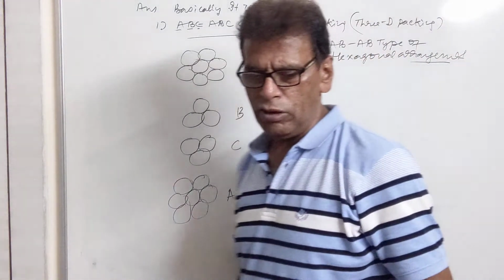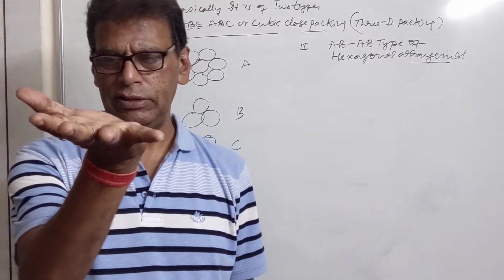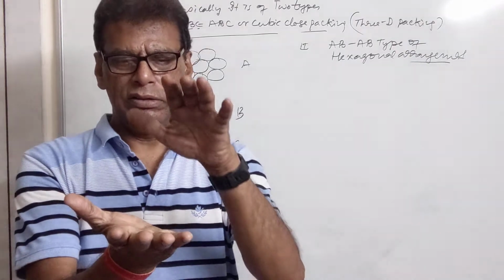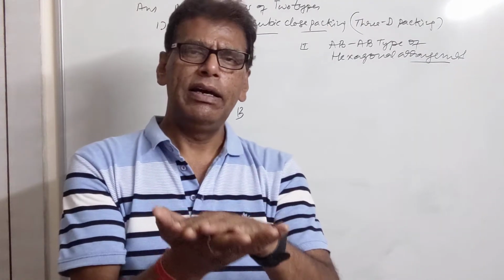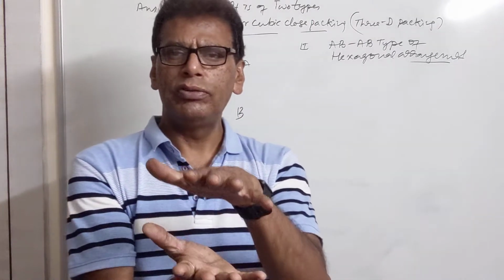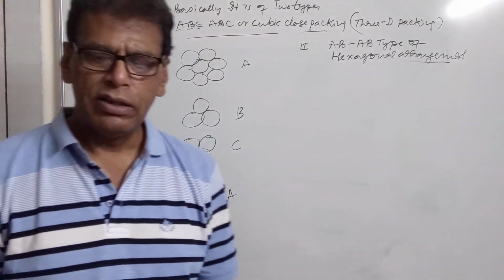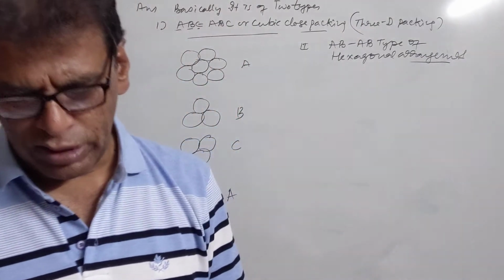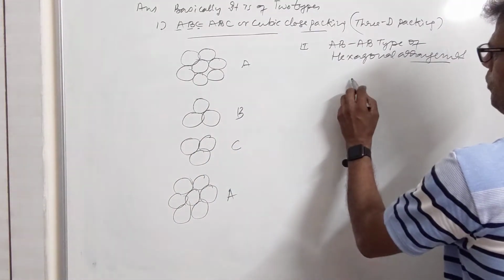Hexagonal में first layer of sphere is placed, the first layer is first of all made, and then second layer is placed on the voids of the first layer, and then third layer when placed on the voids of first layer, they exactly cover the first layer. Therefore this type of packing is called as AB type of packing, and we'll see this type of packing like this.